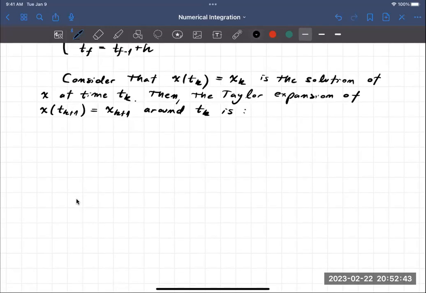So it's going to simply be x of k plus 1.